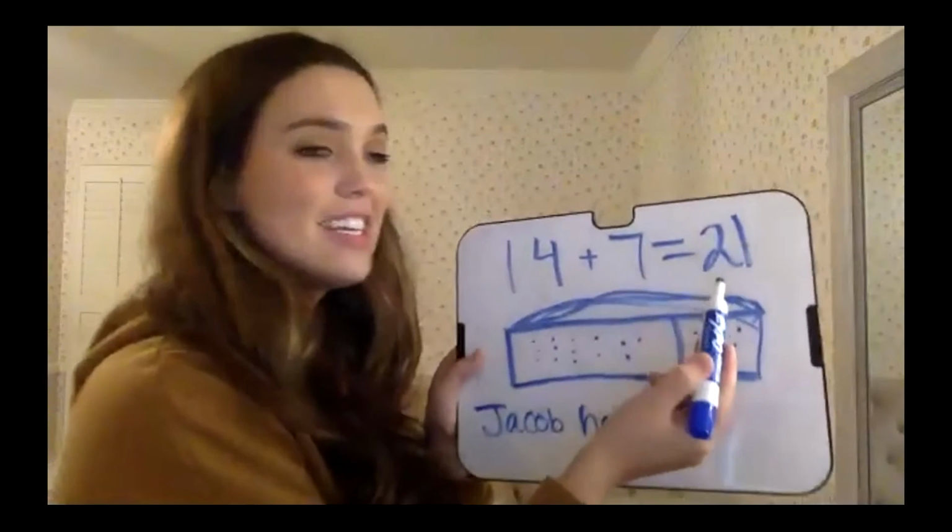But, so our word sentence would be, Jacob has, how many did we say? 14 plus 7 is 21. Jacob has 21 total fish, or fish total. Like the whole of the group. Let's say fish in total.